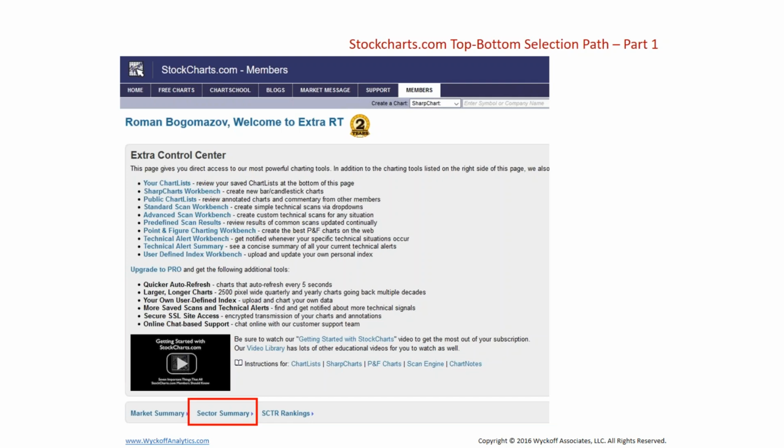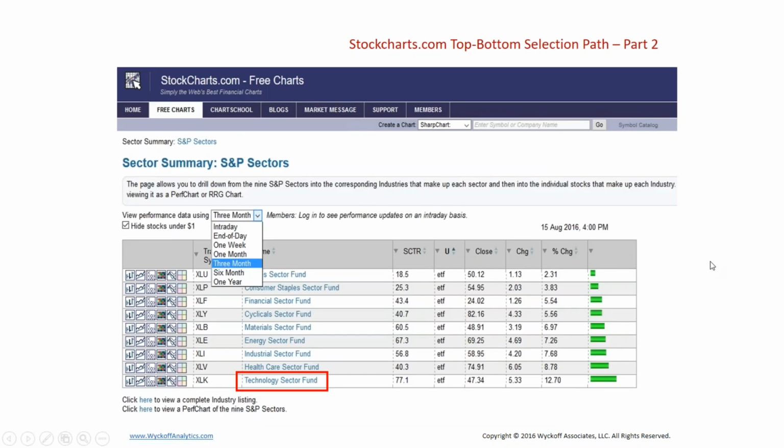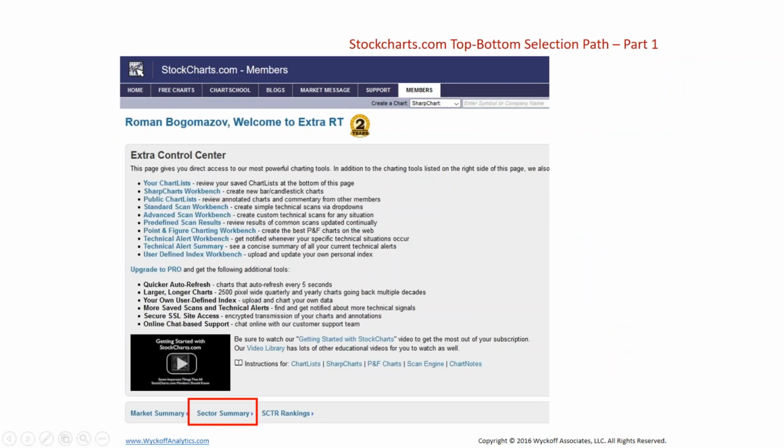The top-down approach would identify first the sectors that are outperforming the market for a specific period of time. So on your members page, and I believe this could also be available for a free subscription as well, but because I'm a member, I'm not sure whether that exists for free or not.